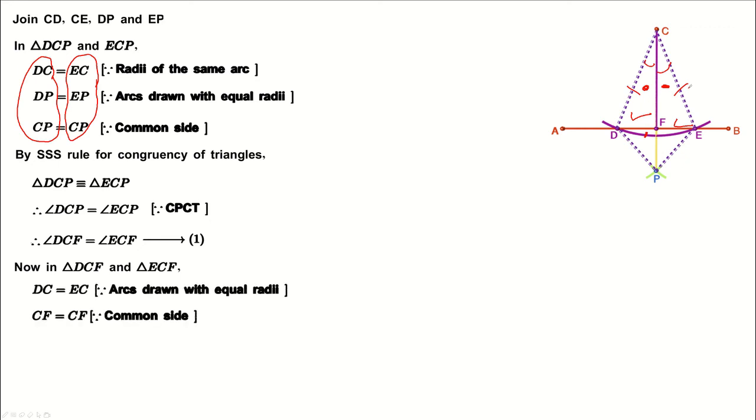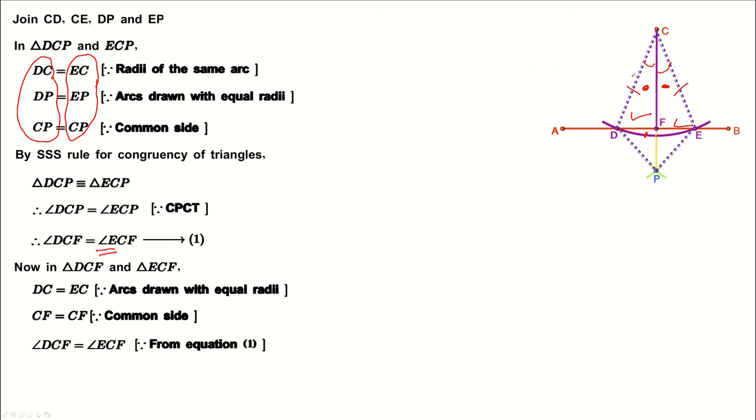For the first, the reason is arcs drawn with equal radii. Second one, it is the common side. Now, we have proved this result. Let us make use of this result here. Angle DCF equals angle ECF. It is from equation 1.